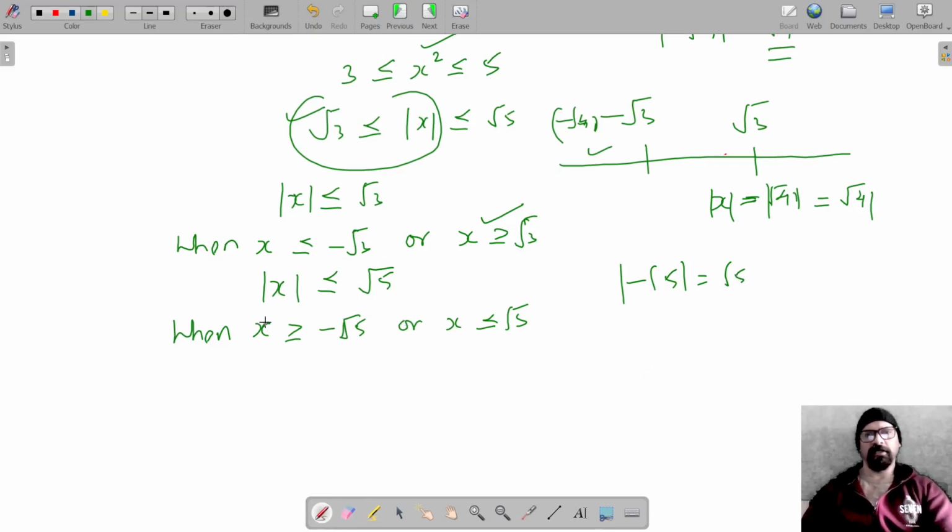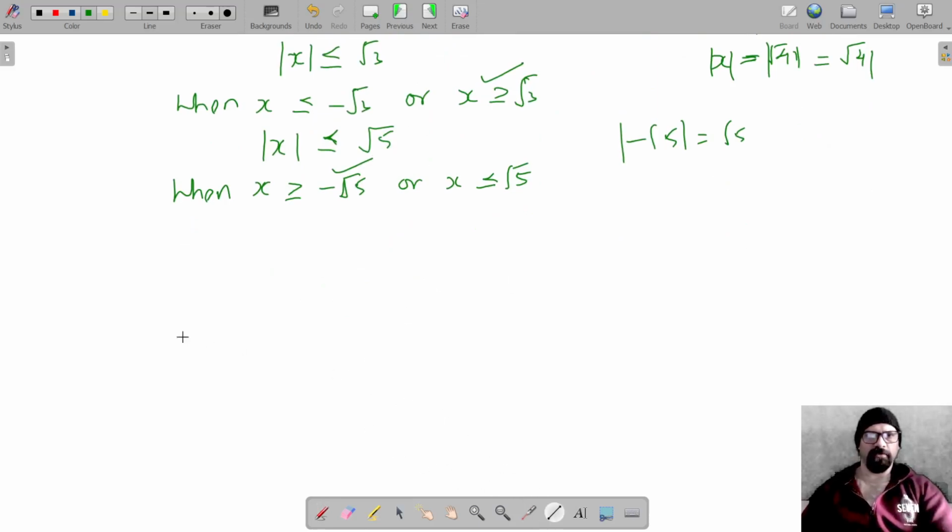These are the cases when x is less than or equal to negative root 3 or x is greater than or equal to root 3. And for modulus of x less than or equal to root 5, x should be greater than or equal to negative root 5 and less than or equal to root 5.